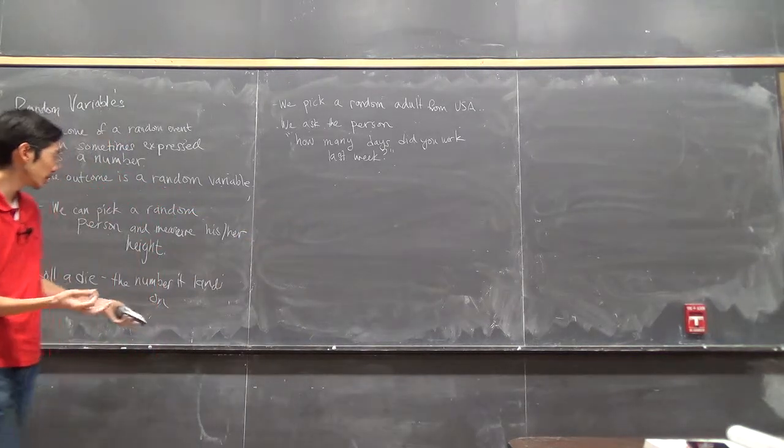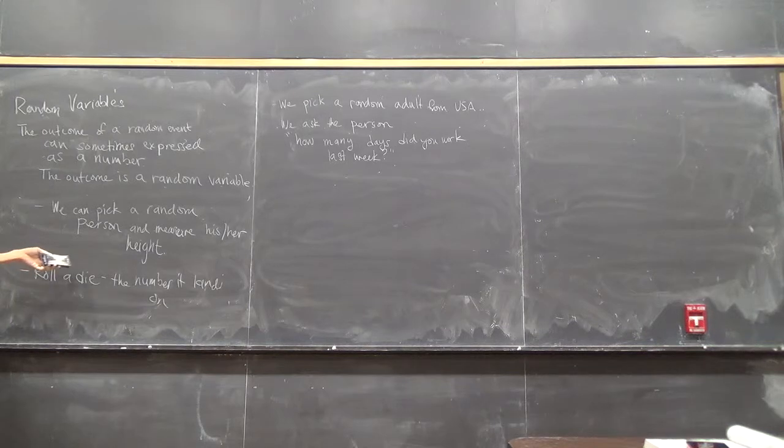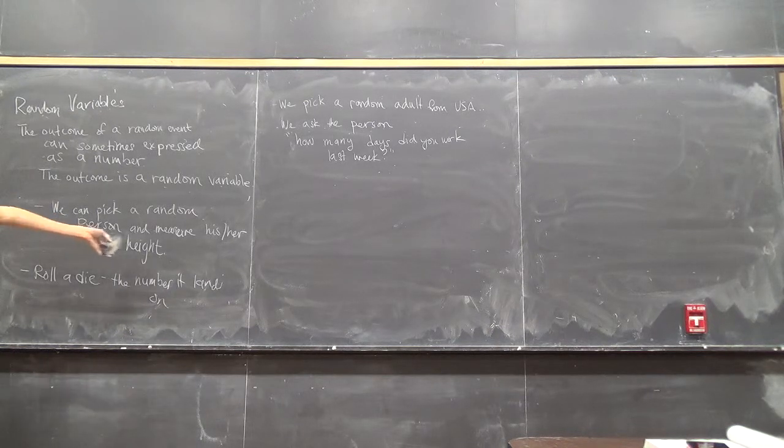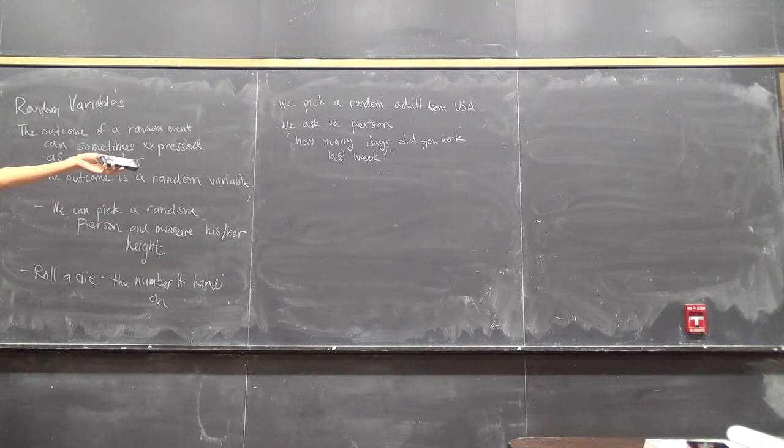Whereas if we pick a random person and measure his or her height, this is a continuous random variable, because if we had a very accurate machine, this person's height could be 67.2 inches, or 67.337 inches, or whatever it might be. We would probably use metric, but whatever. Depending on the precision of your measuring device, you can have decimal answers. Over here, only particular answers.